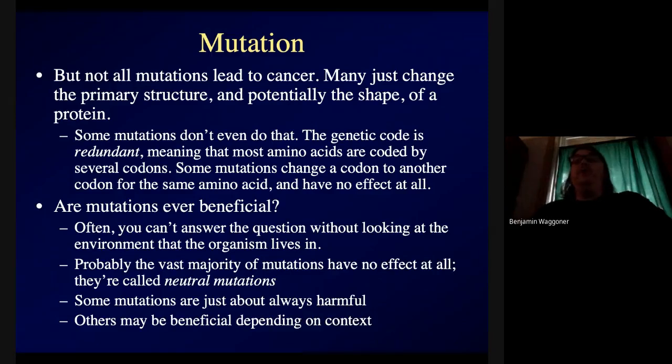So we're all mutants to some extent, and the vast majority don't do anything detectable. We call these neutral mutations. Some are pretty much always harmful. Others may be beneficial depending on context.